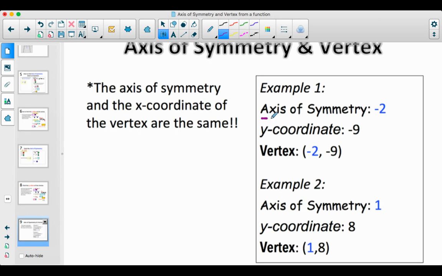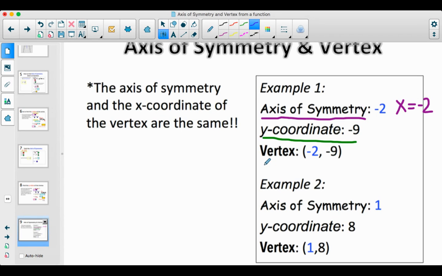We found out that the axis of symmetry was equal to -2. Remember we wrote x equals -2? Is how we wrote the answer to the axis of symmetry. Then we used that -2, we plugged it into the function, and we found out that the y-coordinate was -9.